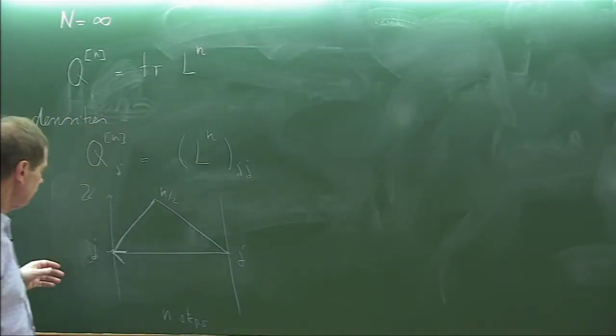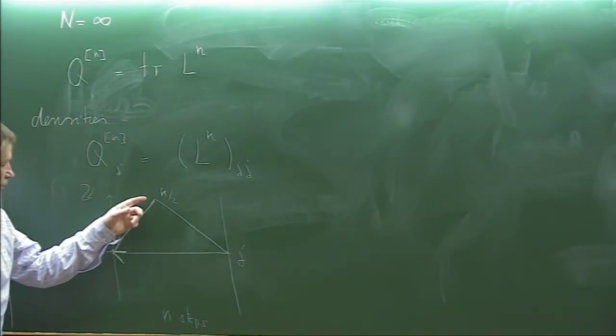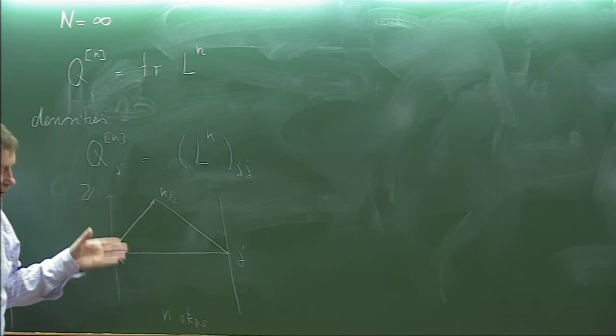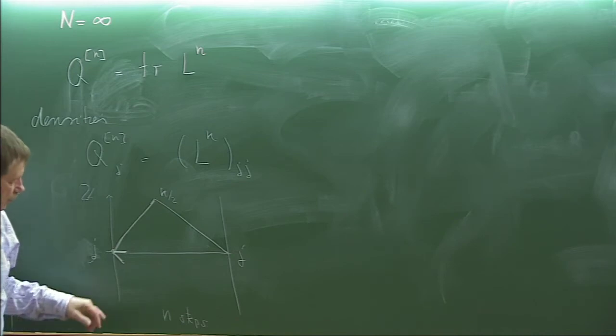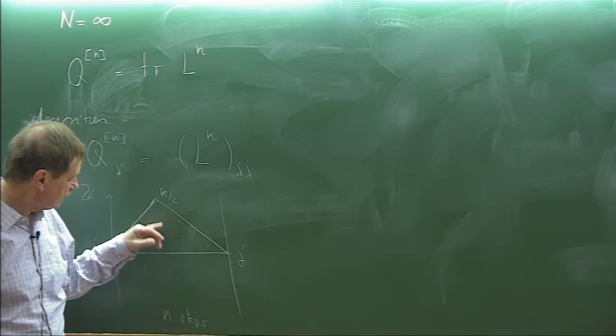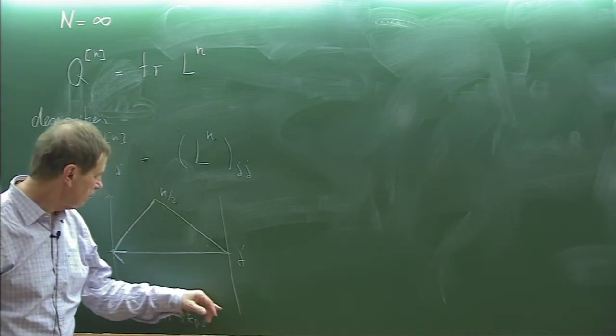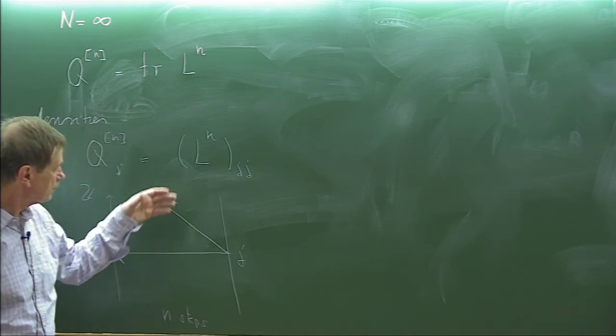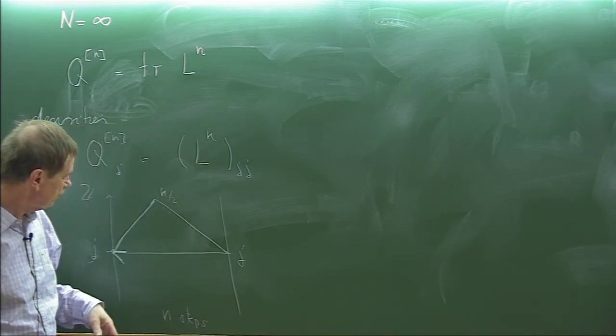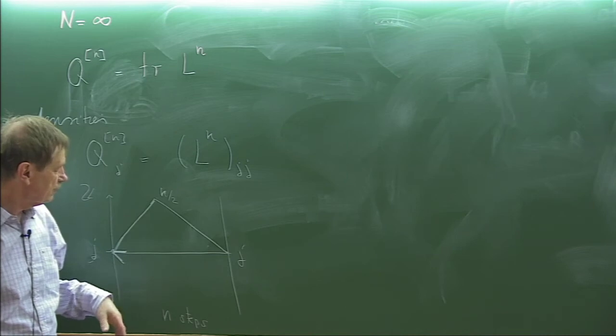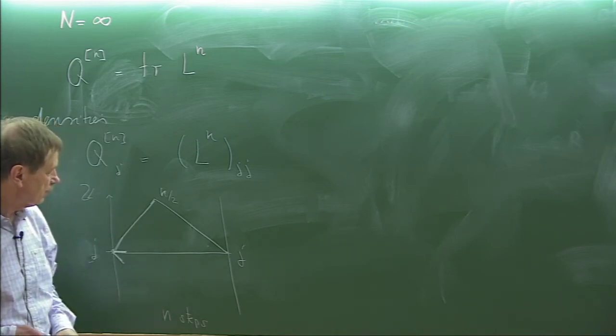So it will be some complicated function, of course. But since the random walk cannot go further than n over 2 away from j, it must have a strictly finite support. And you can also see that as I go from n to n plus 1, I can go a little bit further, so the support is just increasing. Every step increases it by 1 unit.